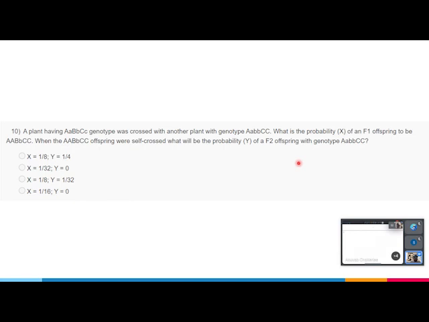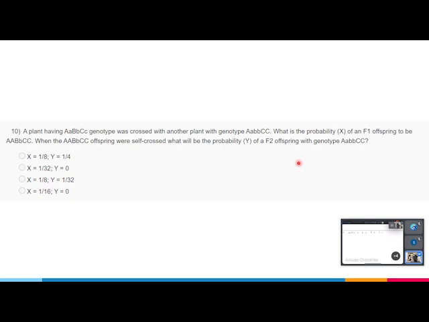So the genotypes that we have are capital A small a, capital B small b, and capital C small c.